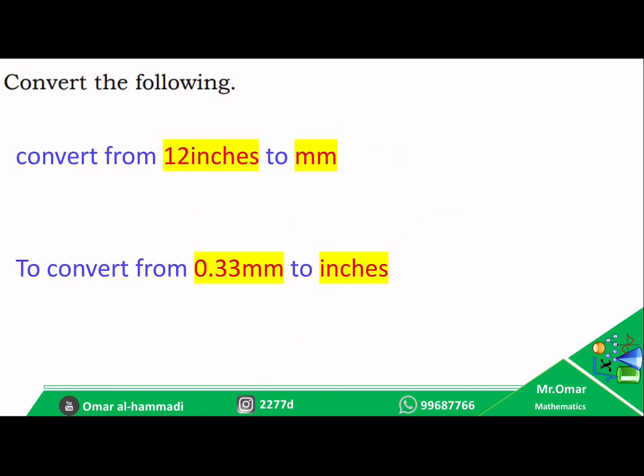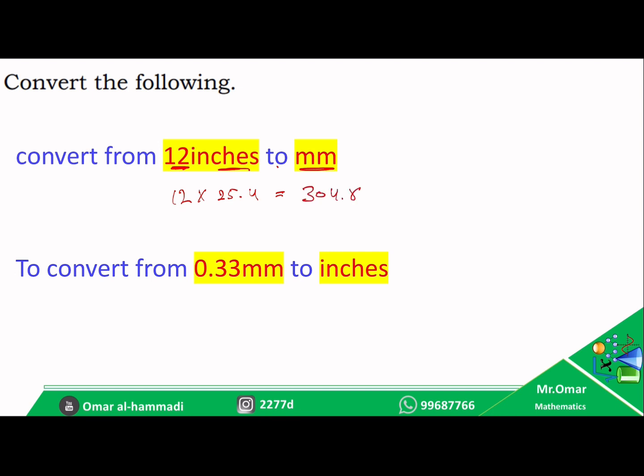Convert from 12 inch to millimeter. So we have to multiply 12 by 25.4, and that's it.